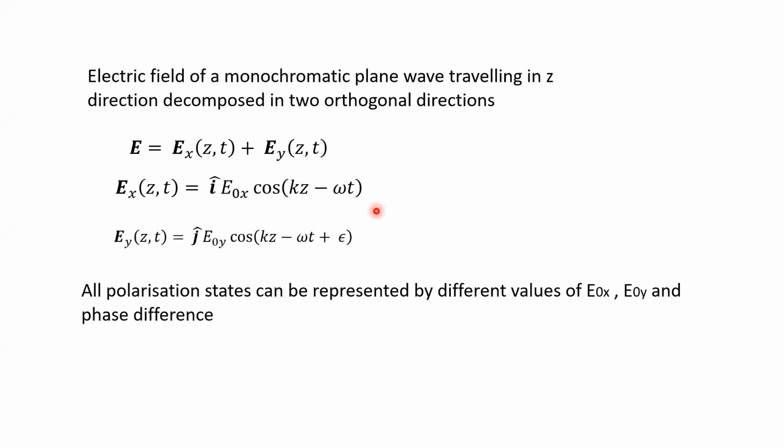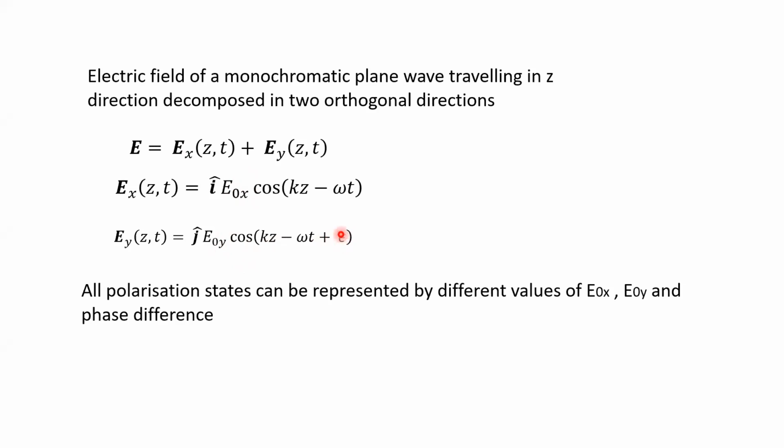Instead of dealing with a general wave, we take a monochromatic harmonic wave, so there's only a single frequency and corresponding wave number, and the function is a sine, or you could have taken sine or cosine. What produces different polarization states are different amplitudes of the monochromatic harmonic wave along the x and y axis, plus, and this is very important, a phase difference.